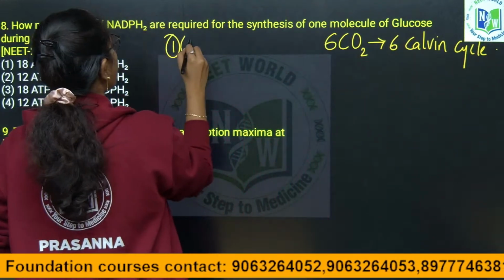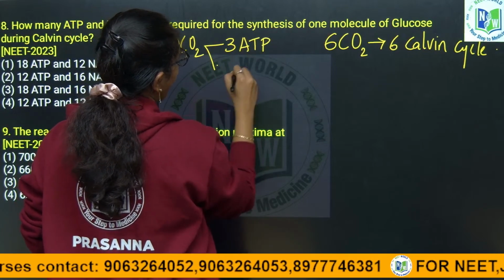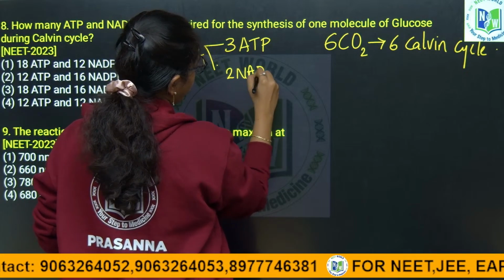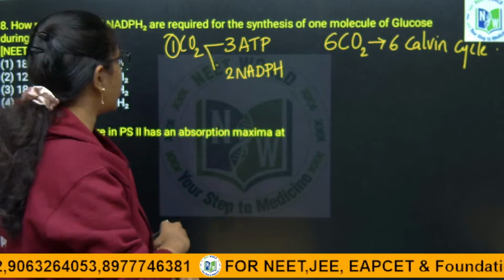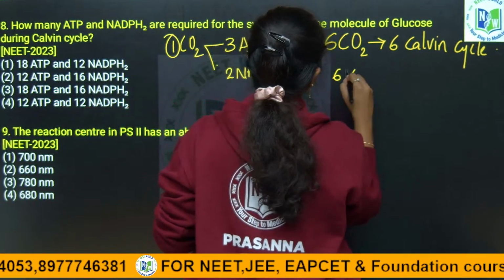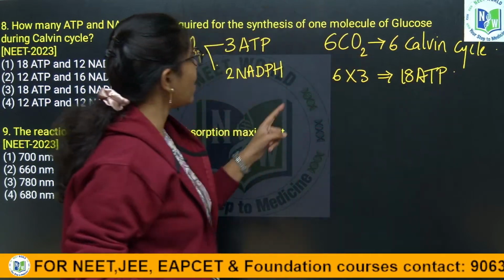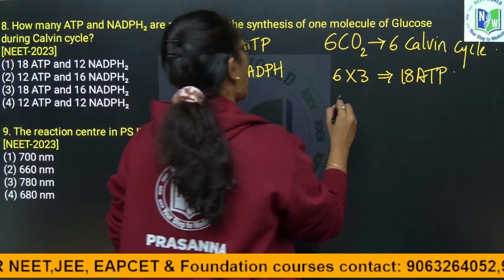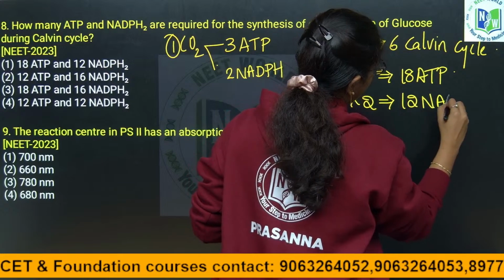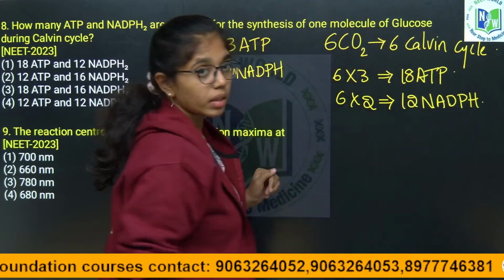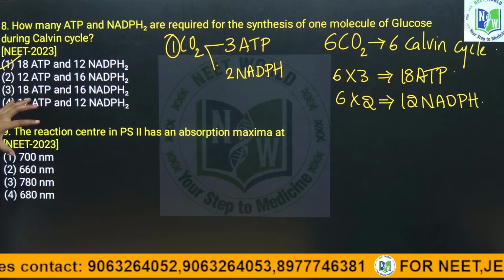For 1 carbon dioxide fixation, we need 3 ATP and 2 NADPH. For 6 molecules of carbon dioxide, we require 6 into 3, that is 18 ATP, and 12 NADPH. So the answer is 18 ATP and 12 NADPH.